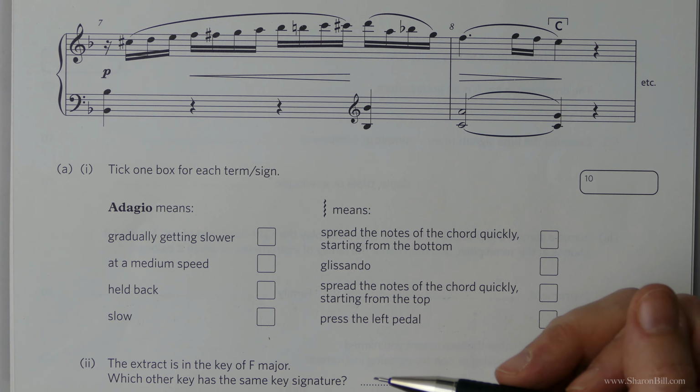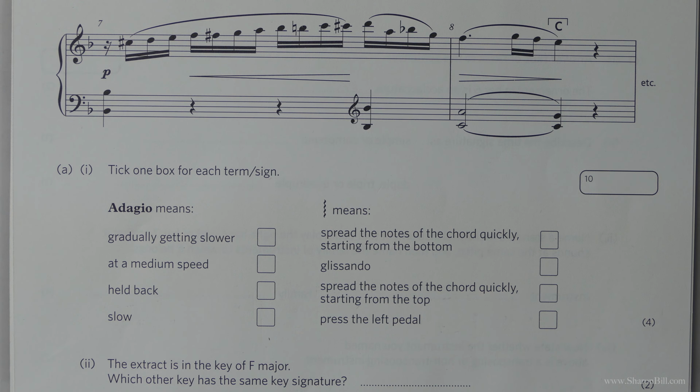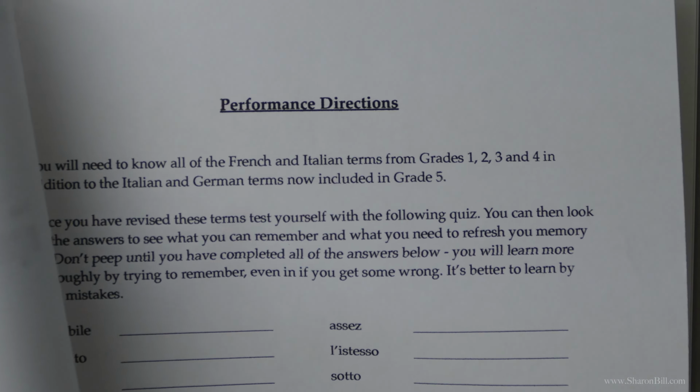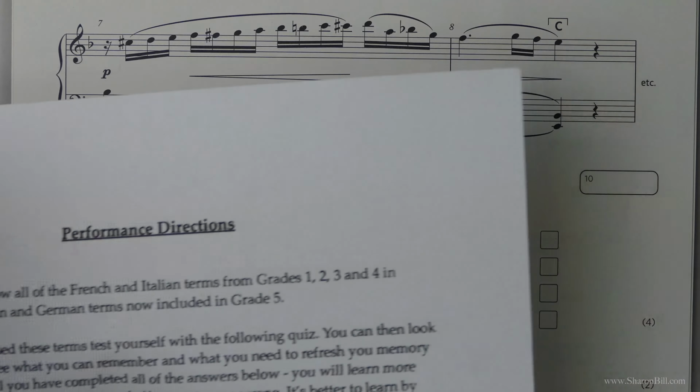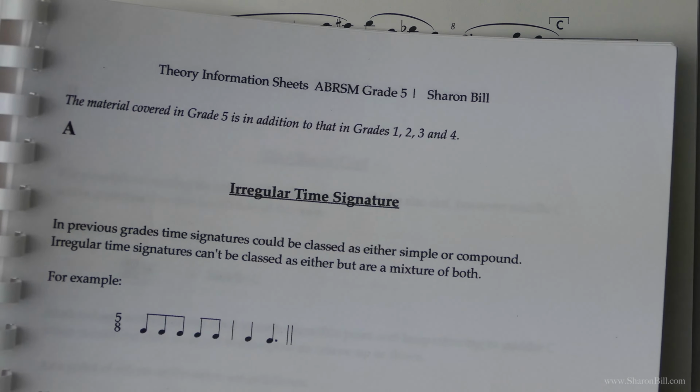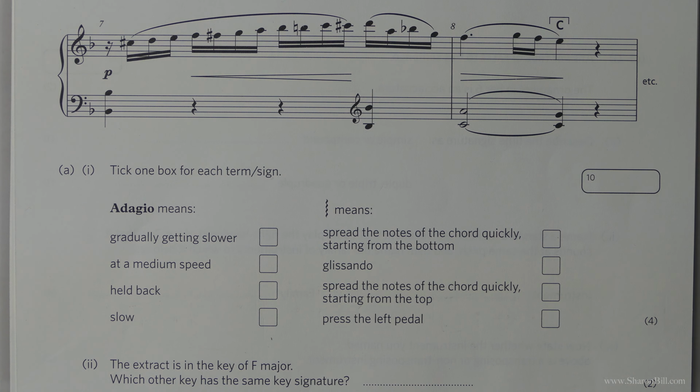So there's a good chunk of revision to do. And if you refer to the PDF documents, if you go to the back of the document, I've given you some little tests just to help give you a bit of a quiz. And also in some of the earlier grades in the PDF documents, I'll give you some revision tips as well. So it's worth having a good go at that.